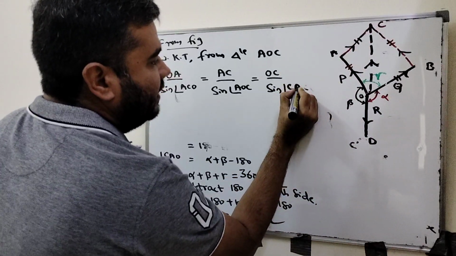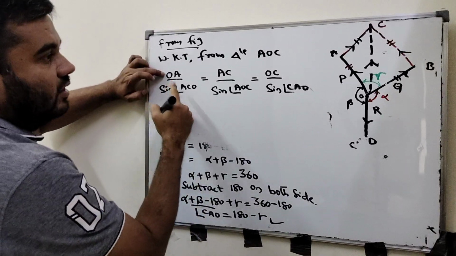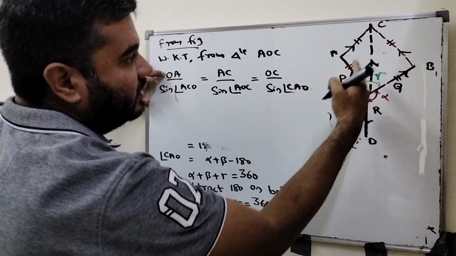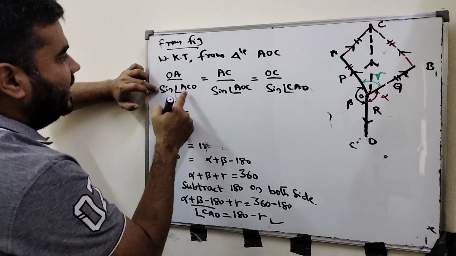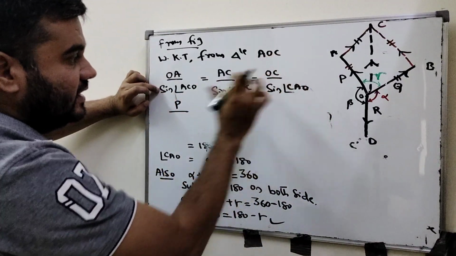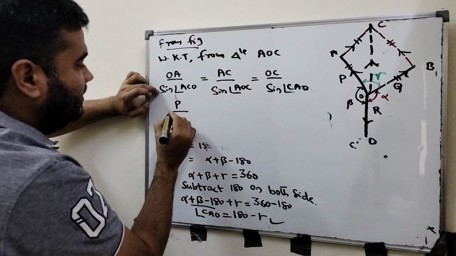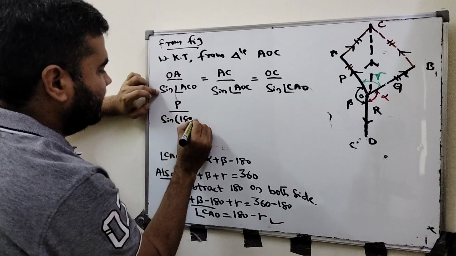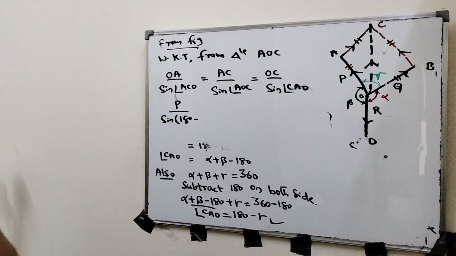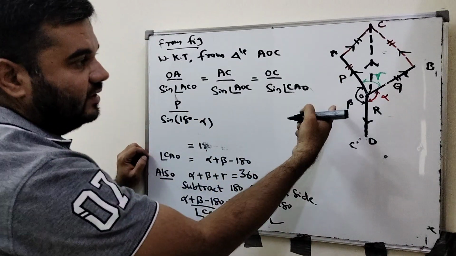Now substitute the values. OA is nothing but P, divided by sine of ACO, which is sine of 180 minus alpha, as we already simplified.